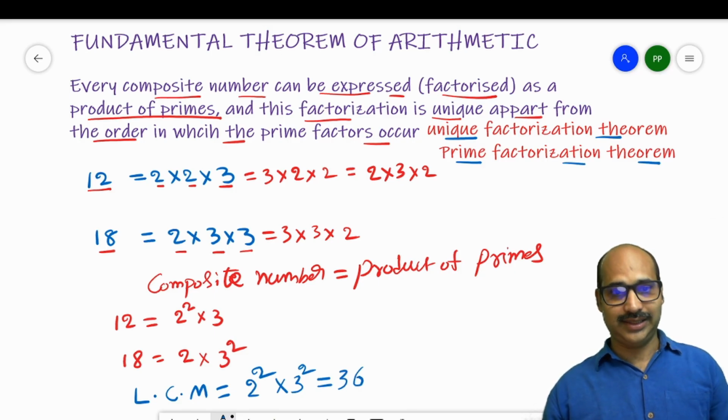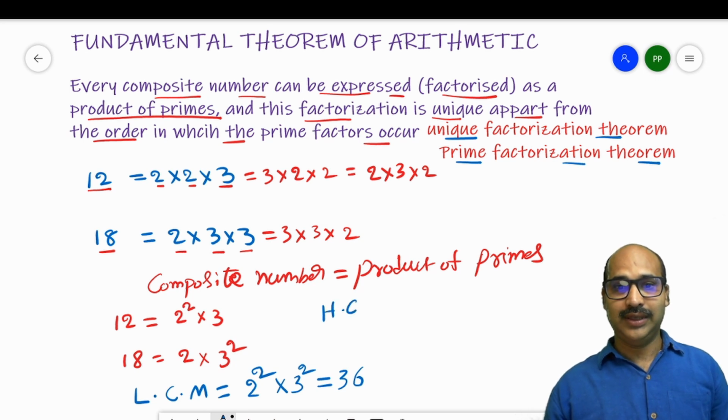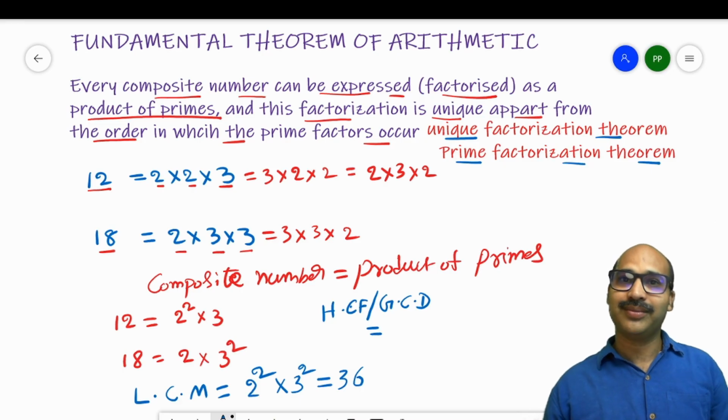What is HCF? HCF is also known as GCD. GCD means greatest common divisor. HCF means highest common factor.